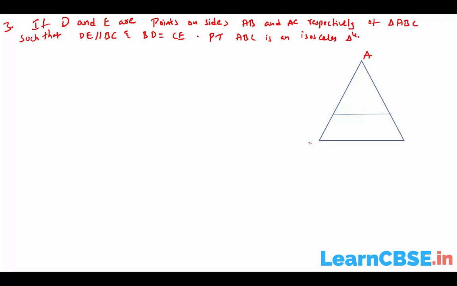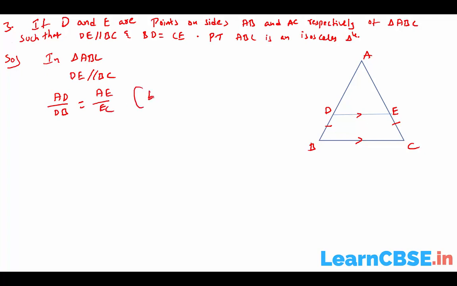Given that ABC is a triangle, D is a point on AB, E is a point on AC respectively. Given DE is parallel to BC, and BD equals CE is given, we have to prove that ABC is an isosceles triangle. In triangle ABC, DE parallel to BC, so I can write AD by DB equals AE by EC by basic proportionality theorem.